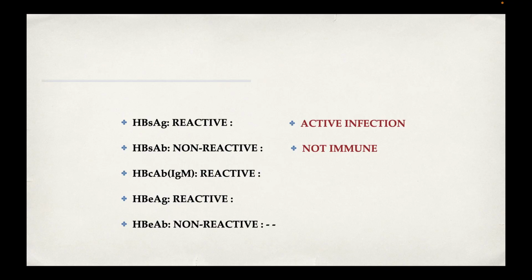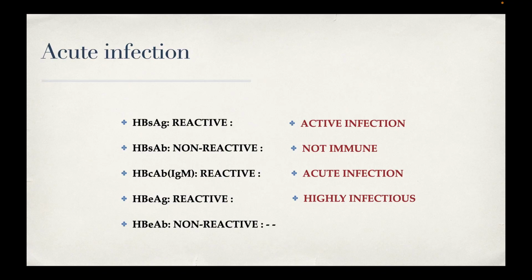And so we say this person is having an acute infection because we said immunoglobulin M is a marker of acute infection. The person is also having hepatitis B E antigen positive. We said once the E antigen is positive, it means you are highly infectious. And so this patient, we can say, is having what?